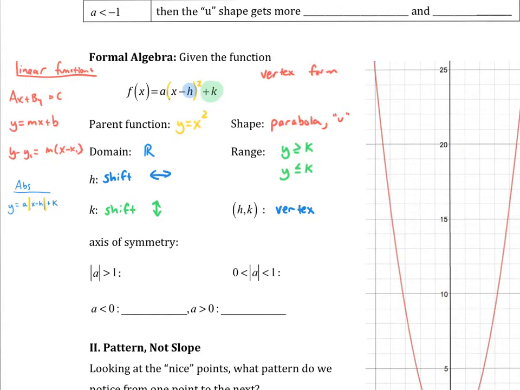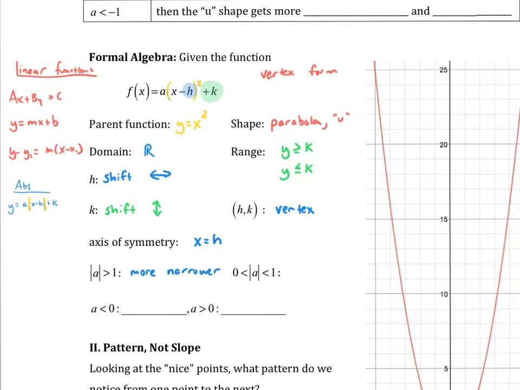Axis of symmetry is always based on the h. So x is equal to whatever h is. So notice, axis of symmetry is based on the h, the range is based on the k. One thing to point out is that as a gets larger, and notice that I'm taking the absolute value of that, so a is 1, 2, 3, 4, 5, 6, those kinds of numbers, what happens is that it becomes more narrow, or narrower.